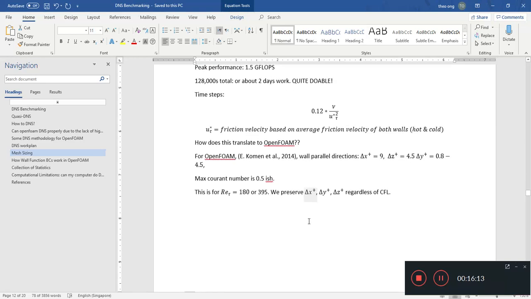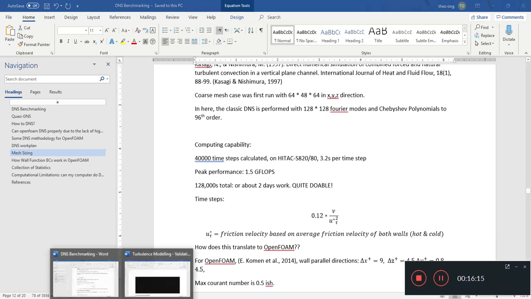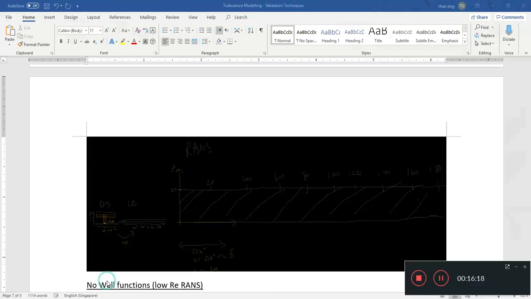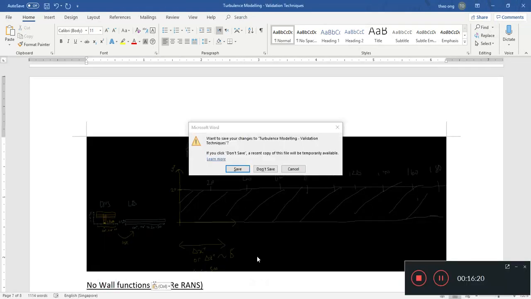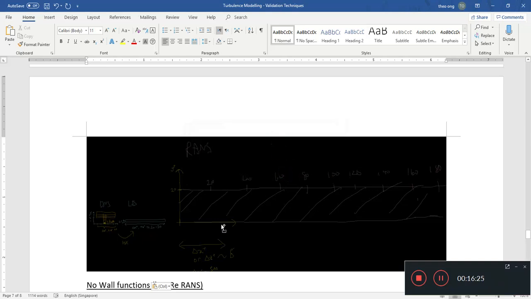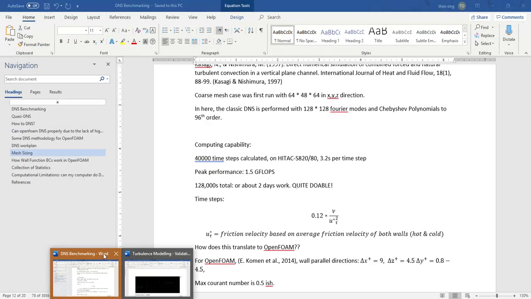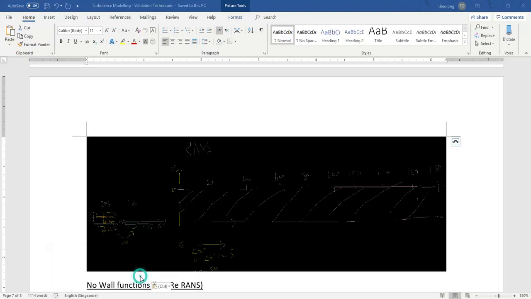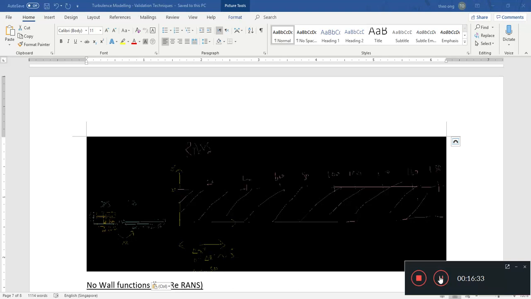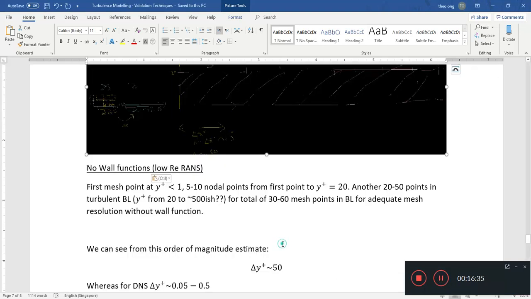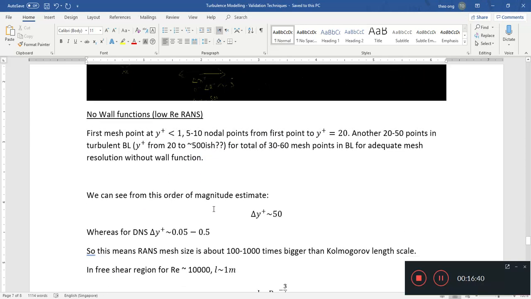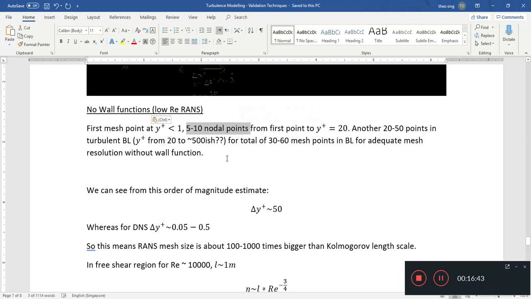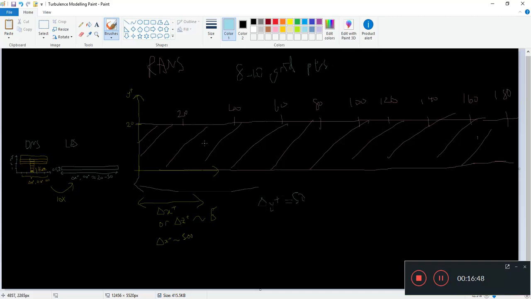If you don't use wall functions, you have about 5 to 10 grid points from the first point to y plus equals 20. That means this one is with wall functions.